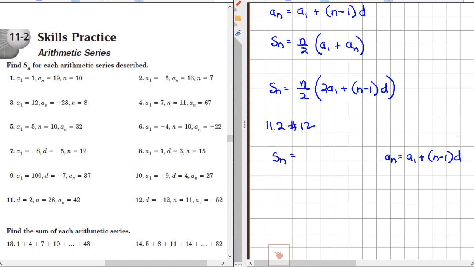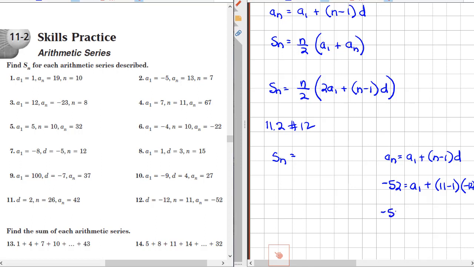So for 12, I know that a sub n is negative 52. I don't know the first term. But I do know, in number 12, that there are 11 terms, and negative 52 is the 11th term, and the d value is negative 12.